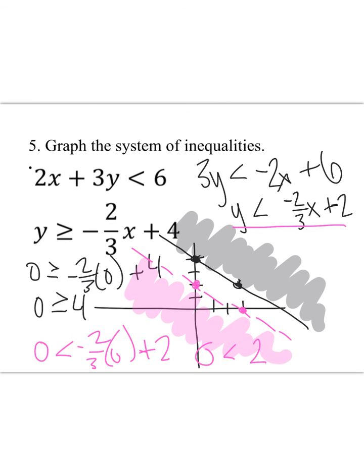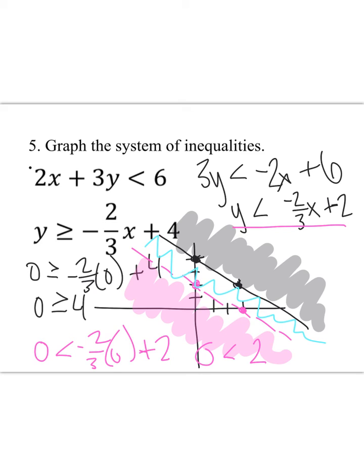So now we need to find the common shaded region, but it looks like this graph will never have a common shade, right? There's this middle gap here. So that tells me that there is no solutions to this system of inequalities.